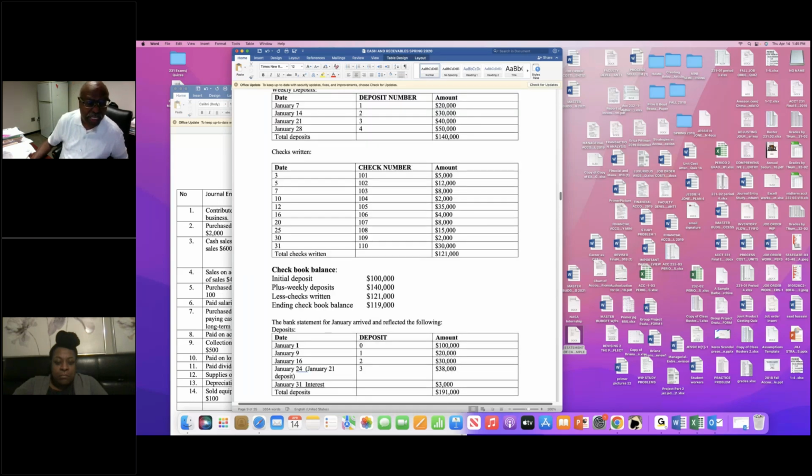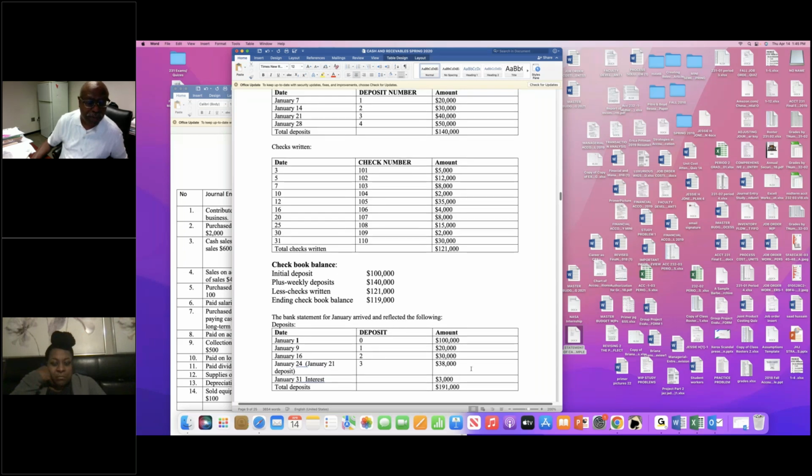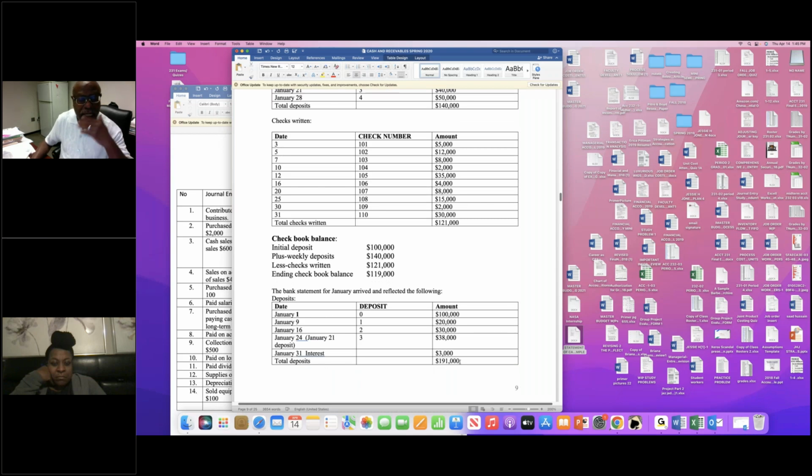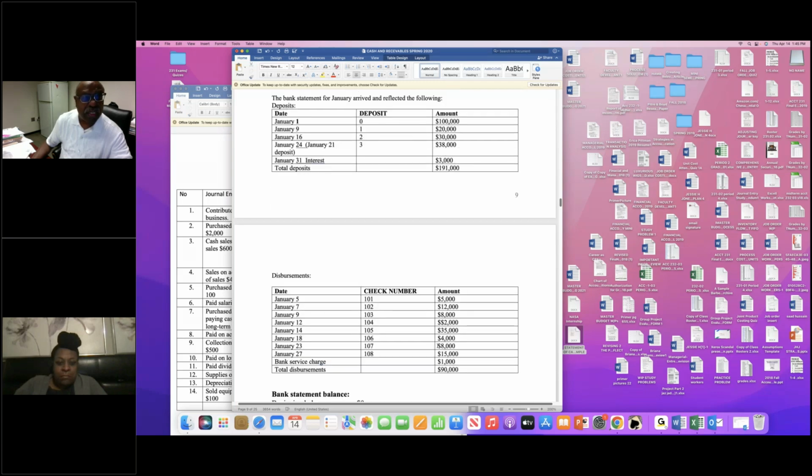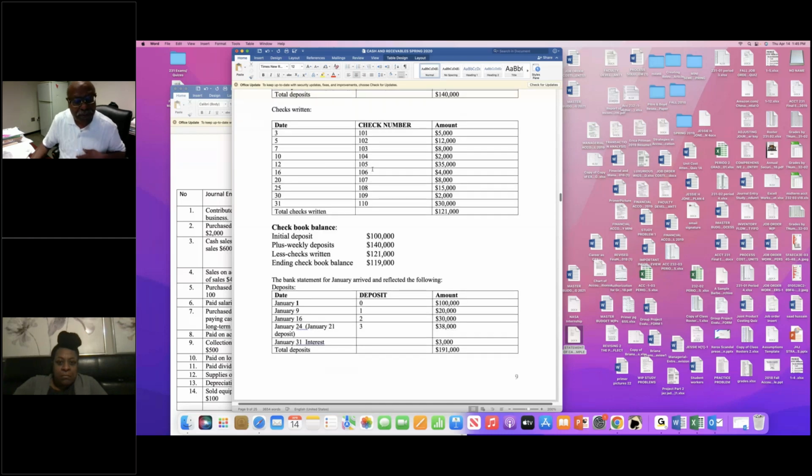They give you interest income. So the bank is saying total deposits were 191,000. The checks that cleared were 1 through 8; 9 and 10 did not clear.